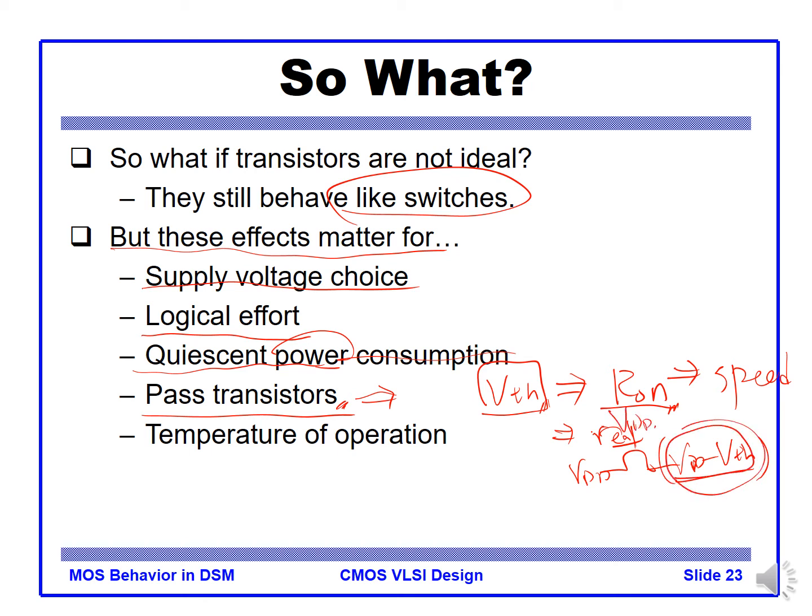So there's some degradation if you use only a single transistor for the logic there. And also you have to consider the temperature of the operation. For the desired temperature, you have to guarantee your function. So you have to always know what kind of temperature range you want to support for your design.